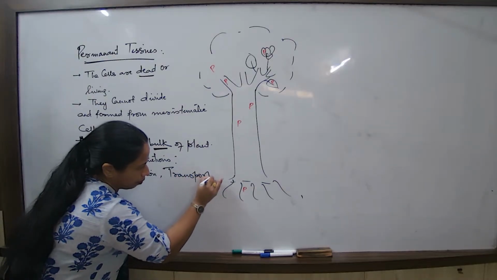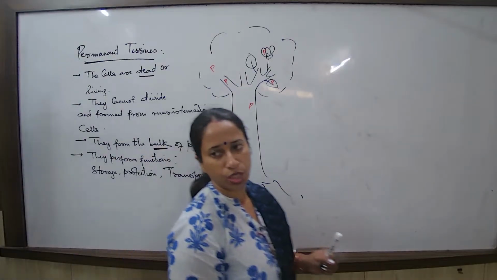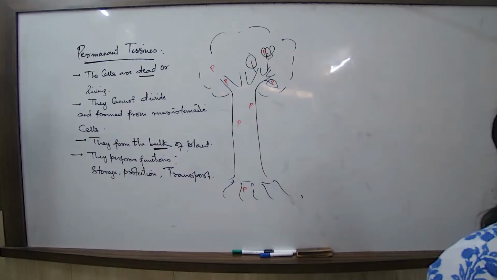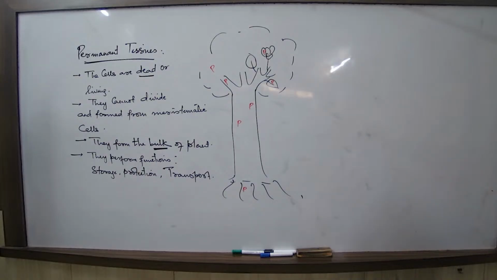So there are some common functions that the permanent tissues perform. Just general ones we are studying right now. We will talk about specific ones one after the other. The general functions of the permanent tissues are either storage, or protection, or transport. So these are the common functions.